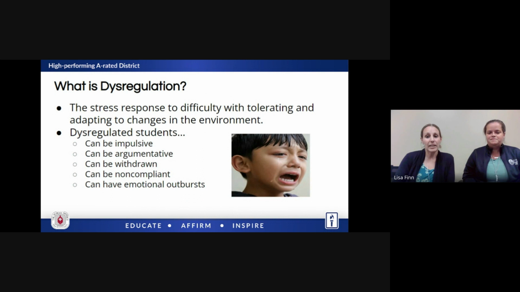And a dysregulated person is having a stress response to their difficulty with tolerating and adapting to changes in the environment. So you may see dysregulated students who are impulsive, argumentative, withdrawn, maybe non-compliant, or have emotional outbursts. All of these things are indicators to you that they are dysregulated in some way.